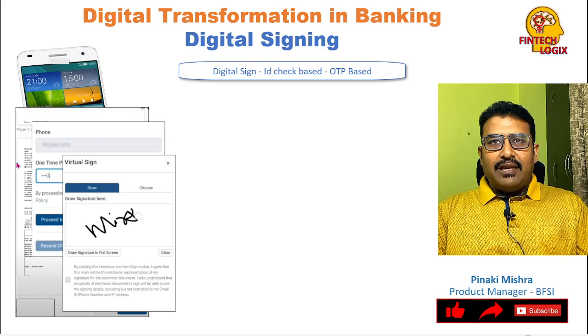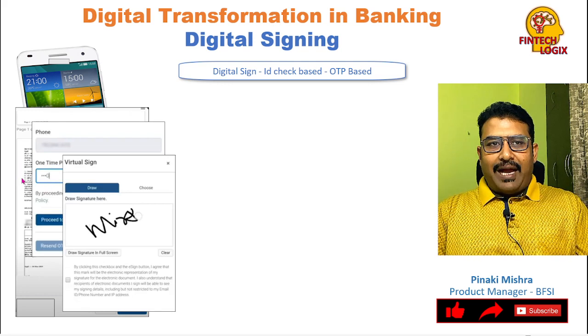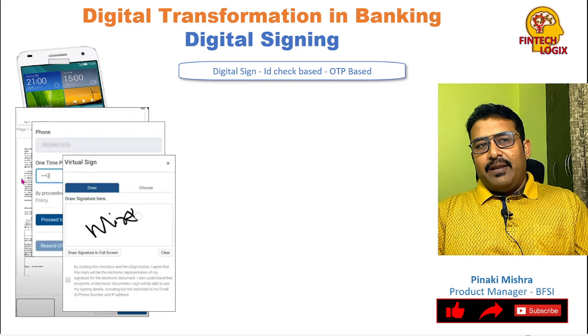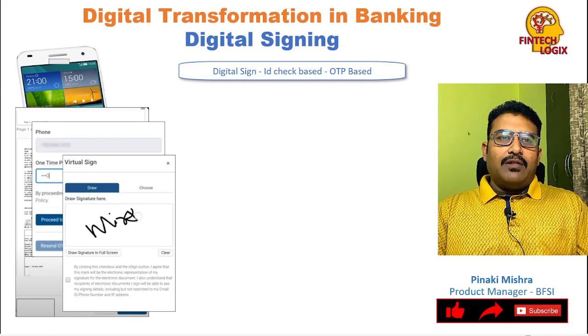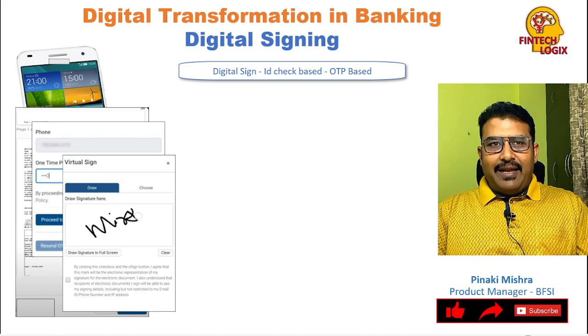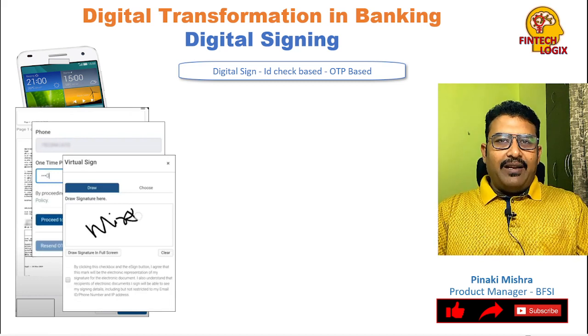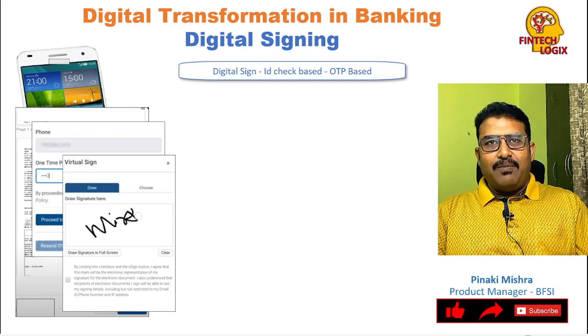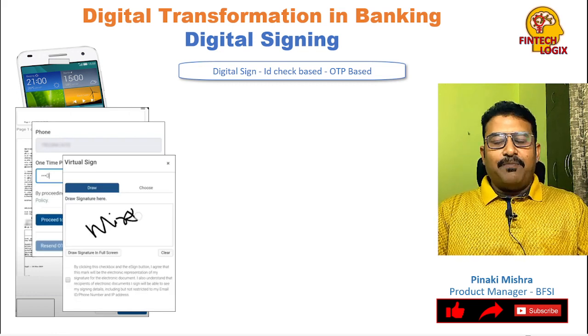The third thing is your ID check based, wherein you go through a third party site, let's say the UIDAI site in India, where you have to enter your Aadhaar details and a verification would happen. So that is your ID check based.